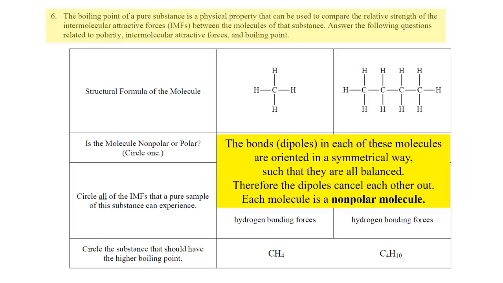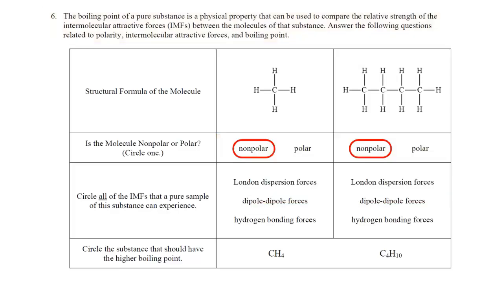So the bonds or the dipoles in each of these molecules, CH4, C4H10, are oriented in a very symmetrical way, such that they are all balanced. Therefore, the dipoles cancel each other out. Each of these molecules is classified as a nonpolar molecule. Now, can they experience hydrogen bonding?